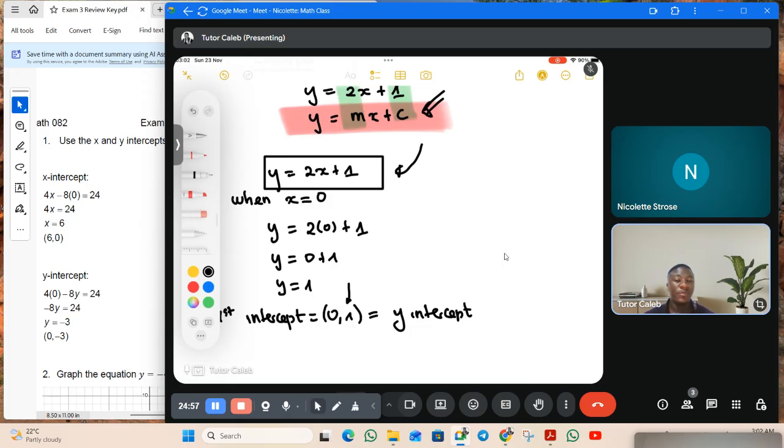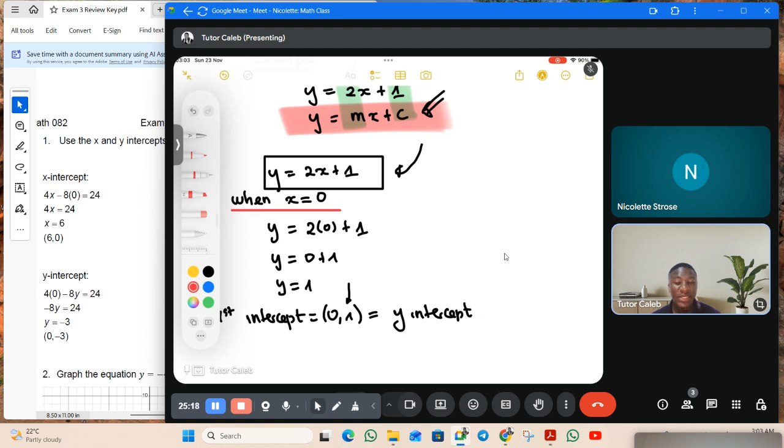So from this, to find the y-intercept, you have to set this condition. You have to set x to be 0. So when x is 0, you put 0 in your equation, you find y, and y gives us 1.